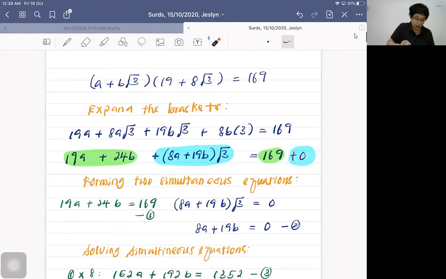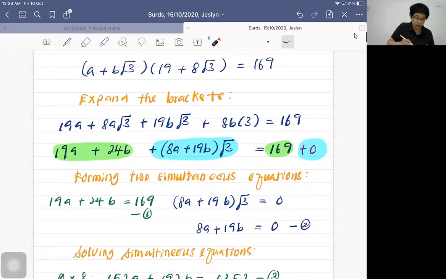So we form a simultaneous equation from the two green statements, left and right. We form this: 19A plus 24B equals the right-hand side, 169, and we number it as the first equation.